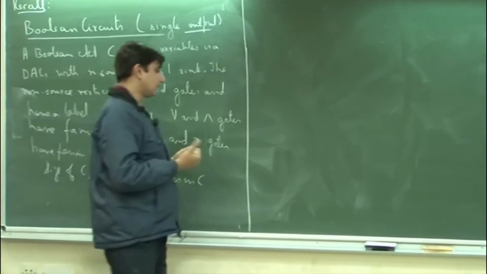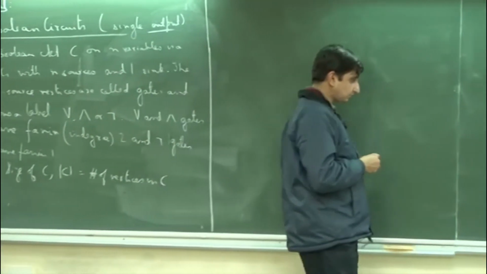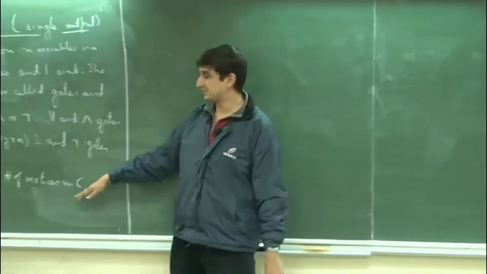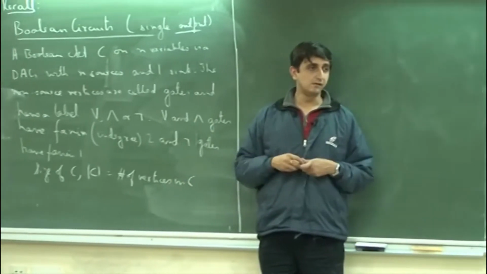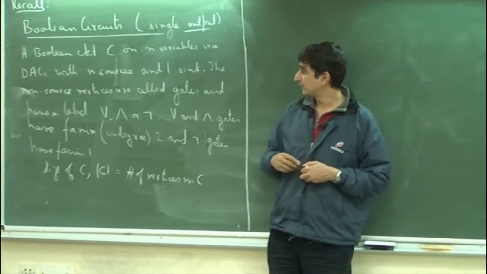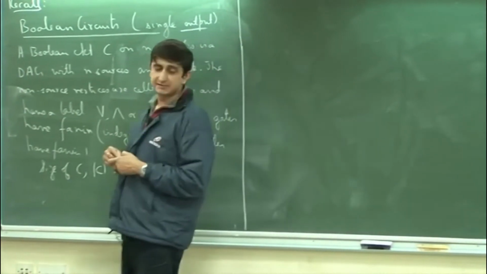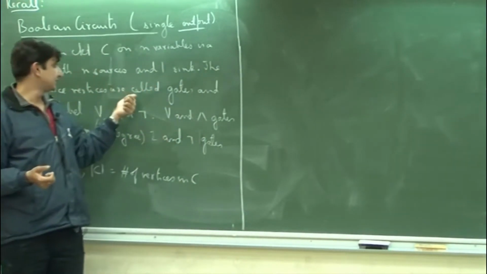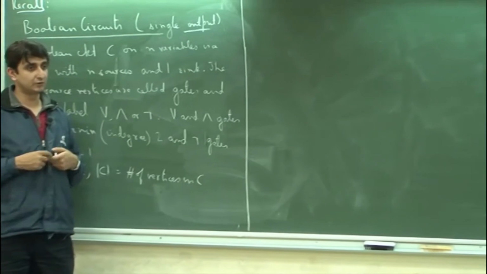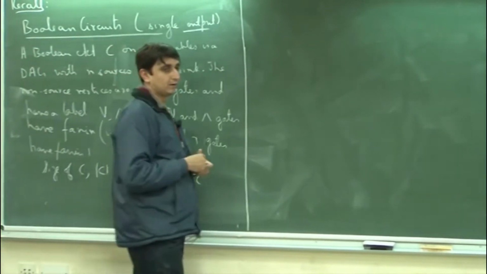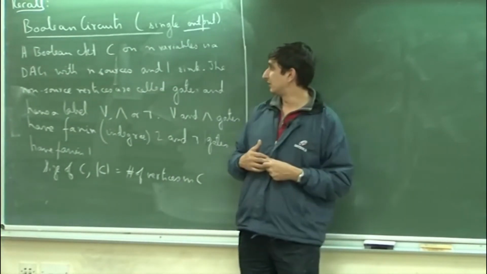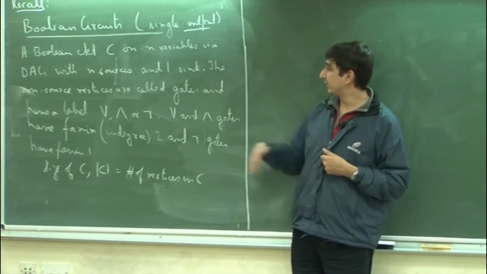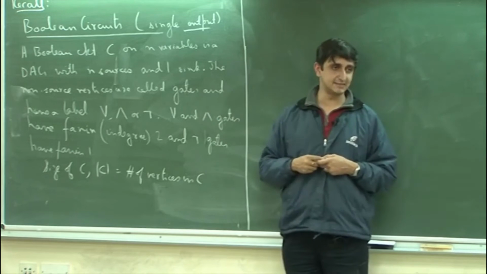Yesterday I was talking about the sources as being input gates also, so you can talk about the number of gates, but the way the book defines a circuit, they only call the non-source vertices as gates.